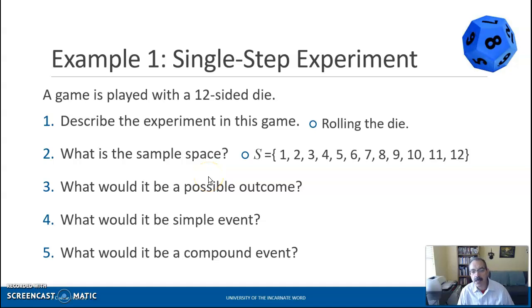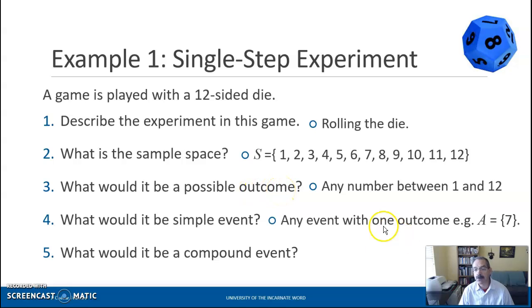Now, what would be a possible outcome? Well, it could be any number that results from rolling the die, so any number between 1 and 12. What would be a simple event? Well, any number from the sample space, or any outcome that results from rolling the die. For example, here is the event of obtaining a 7. What would be a compound event?